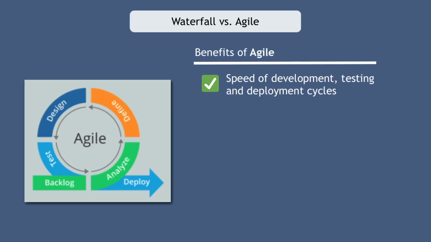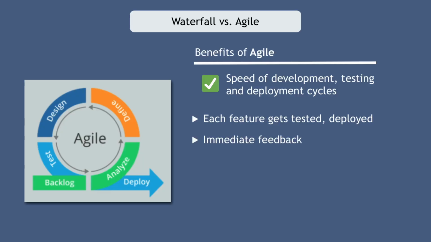So basically, instead of just waiting there to develop the whole application start to finish by checking off each feature and bug fix and so on, each new feature gets tested, deployed, and there's an immediate feedback if there is some bug in that feature or if the deployment doesn't work, etc. And the agile methodology actually allows for a more dynamic, fast, and also easily changeable development and deployment process.